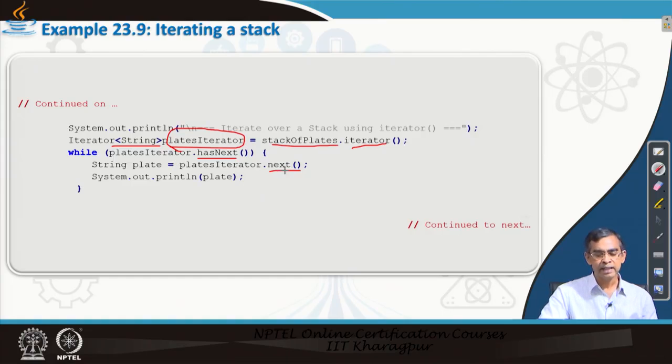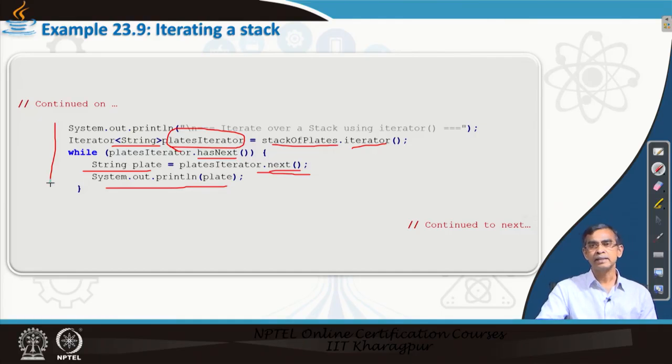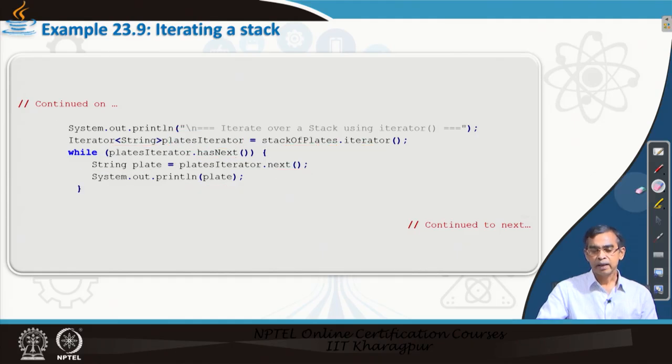If an element is there, it is returned by the next method and printed. You are already familiar with these iterators, having used them on many occasions with linked list, array list, arrays and so on. So this is the way that a stack can also be traversed using this concept.